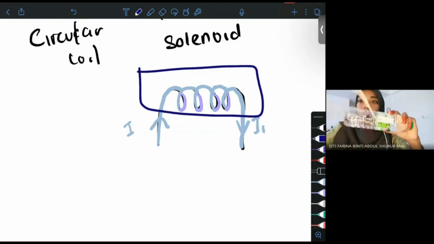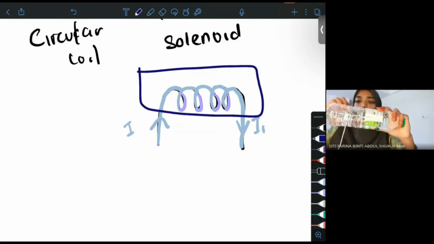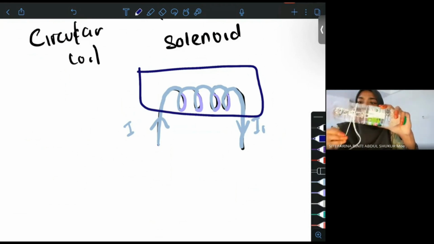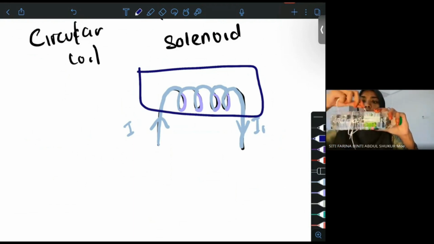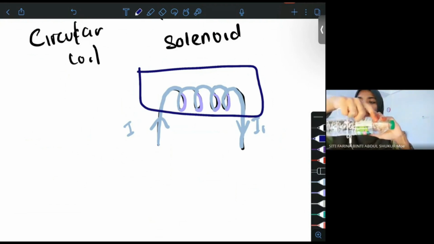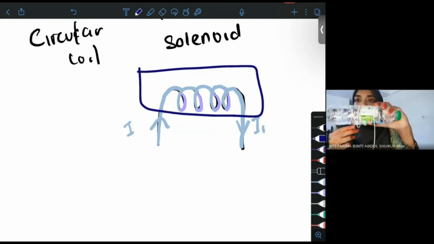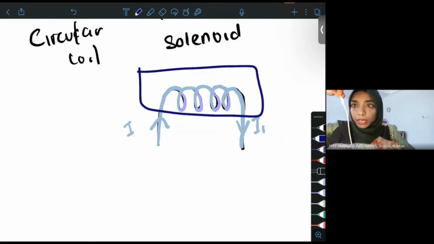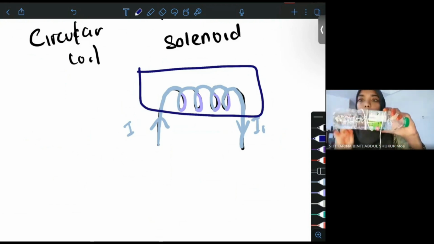Let's say kita tukar. If it was to curl begini, pusing lagi. Okay, sekarang yang ini, nampak? Punca ni saya letak dekat belakang. So, current kamu sekarang akan naik dari belakang.